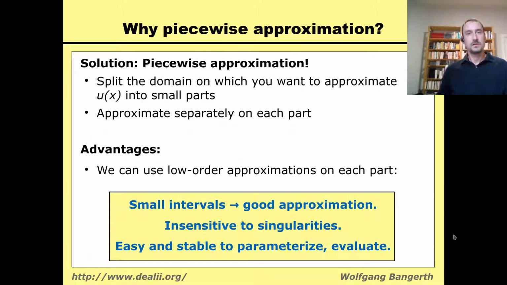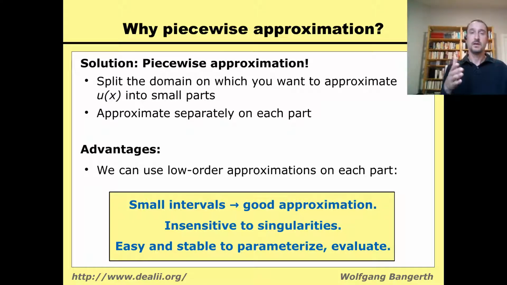So the advantages of this are that when you use these piecewise approximations, I can use low-order approximations. So I can use piecewise linears. Or maybe I'm going to approximate with quadratic functions, but relatively low-order polynomials. And as you've seen from these examples, if I make these intervals small, then I will get good approximations.